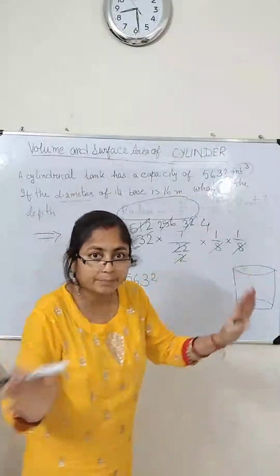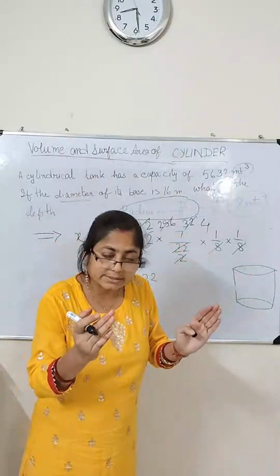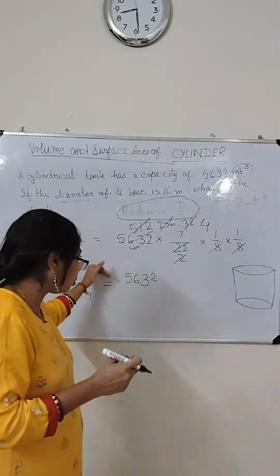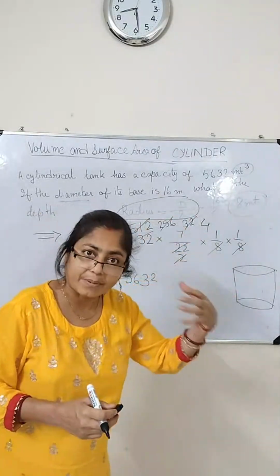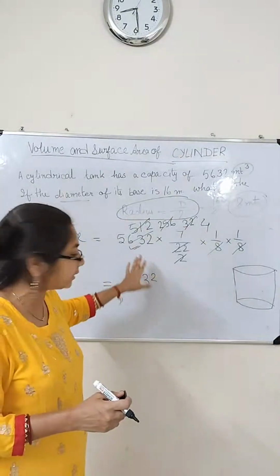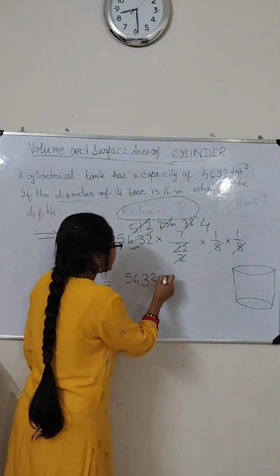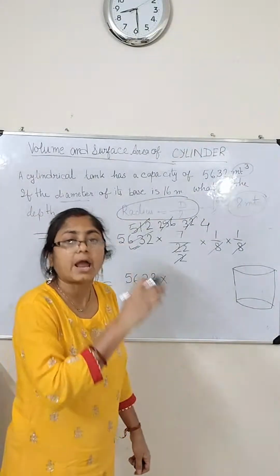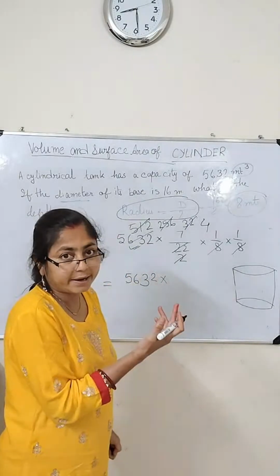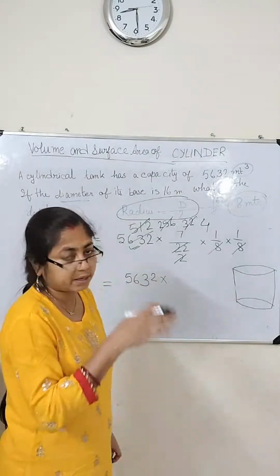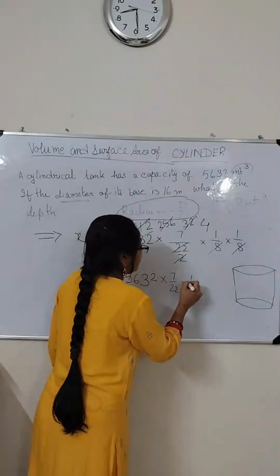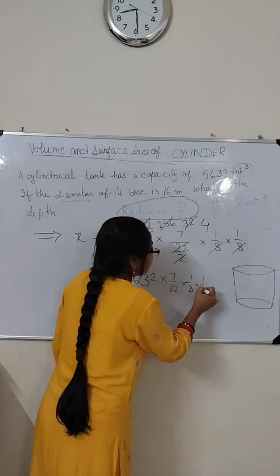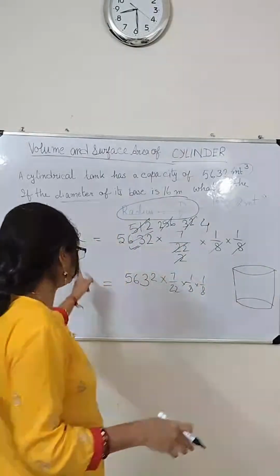This is not the process. The process is: first write the equal sign, and after equal, first copy this part, then shift. And at the time of shifting, every time I tell you, multiplication becomes division and division becomes multiplication. So I write 7 by 22 into 1 by 8 into 1 by 8. After calculation you find out the height.